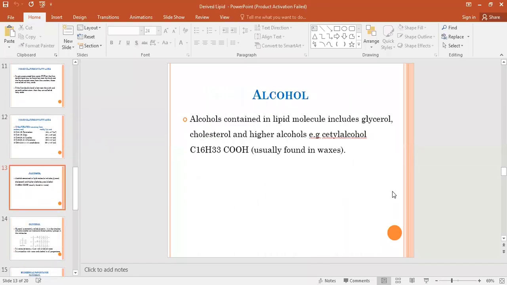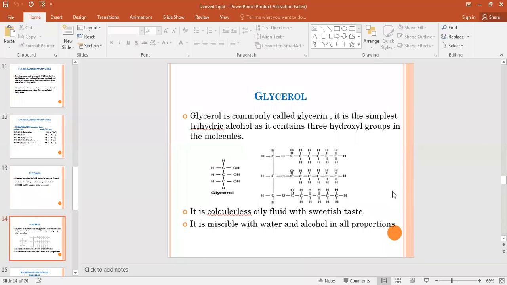Now come to the alcohols. Alcohols contained in lipid molecules include glycerol, cholesterol, and higher alcohols, for example cetyl alcohol, usually found in waxes. Now we discuss glycerol, an example of alcohol. Glycerol is commonly called glycerin.